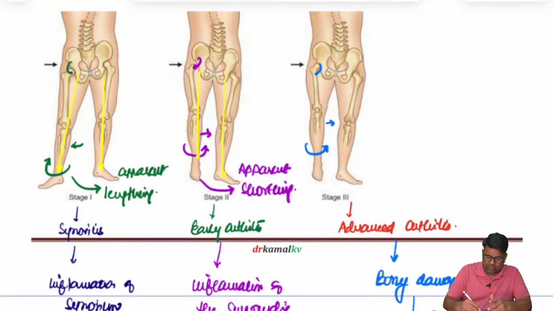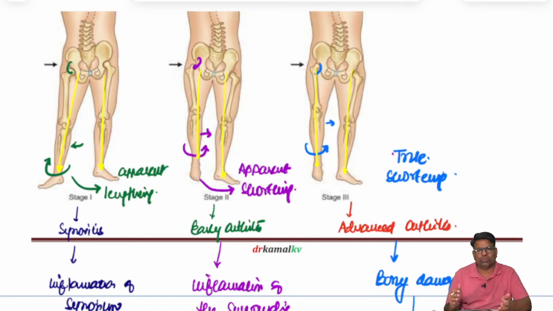But what will happen here? Of course, there will be shortening. But if you measure here, you will see that the affected limb is really short as compared to the opposite limb, right? So the limb is really short, and therefore we will call it true shortening, because there is actual damage to the bone, so that the overall length of the bone has reduced. So it is known as true shortening.